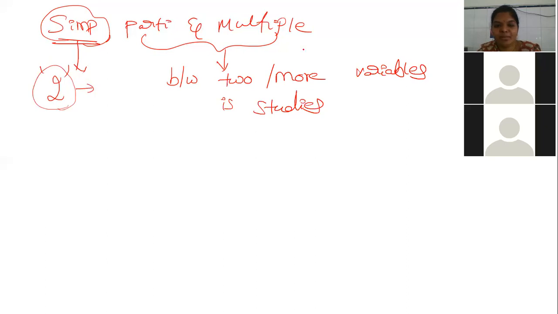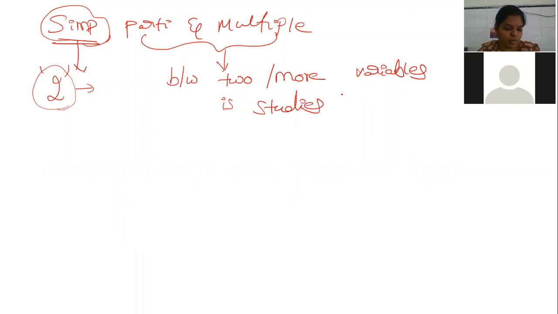In case of partial and multiple correlations, we can study the relationship between two or more variables. In case of multiple, there will be n number of variables studied, either it may be 3, 4, 5, 10. N number of variables will be included in multiple correlation. Okay, this is the difference between positive, negative, simple, partial, and multiple.